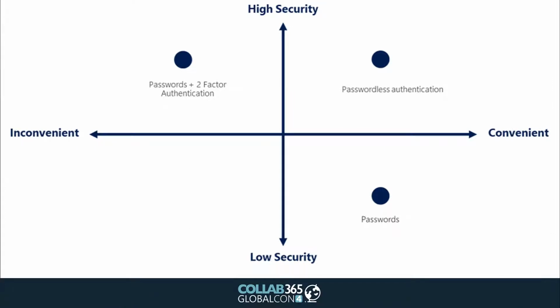If we have inconvenience and convenience on one side, and high security and low security on the other, you can clearly see that passwordless authentication gives us the best of two worlds. It gives us a secure enough option to log in, and the most convenient one. Passwordless authentication is as convenient as a password, but much more secure.